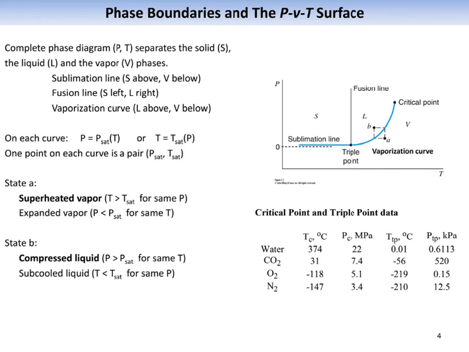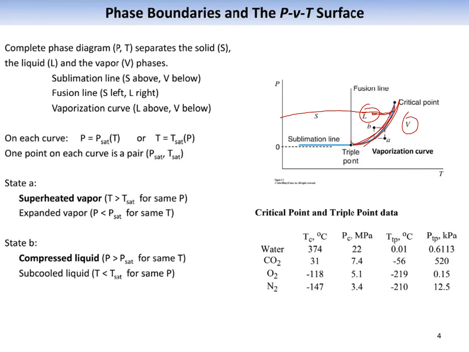Upon this line, this is the line of saturation. Here is pure liquid, here is pure vapors. So if we have a certain pressure and we have liquid water, for instance, we increase the temperature until we reach this line.